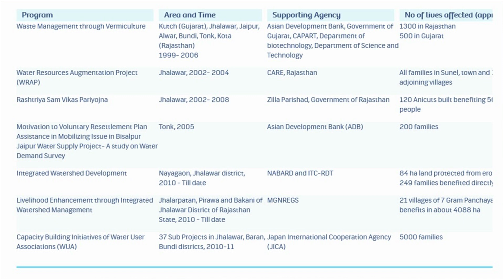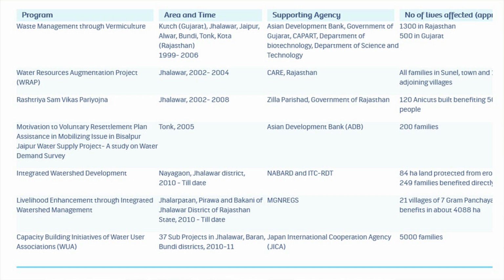The first program is waste management through vermiculture. This program was launched in Gujarat, Kutch, Jhalawar, Jaipur, Alwar, Bundi, Tonk, Kota, Rajasthan, and the time period was 1999 to 2006.